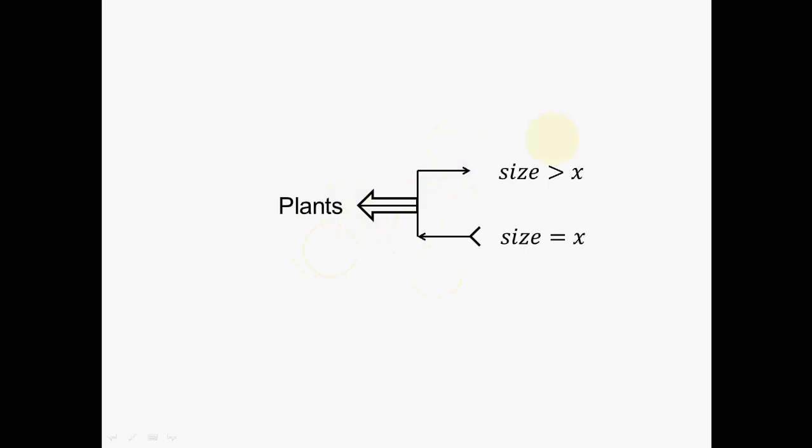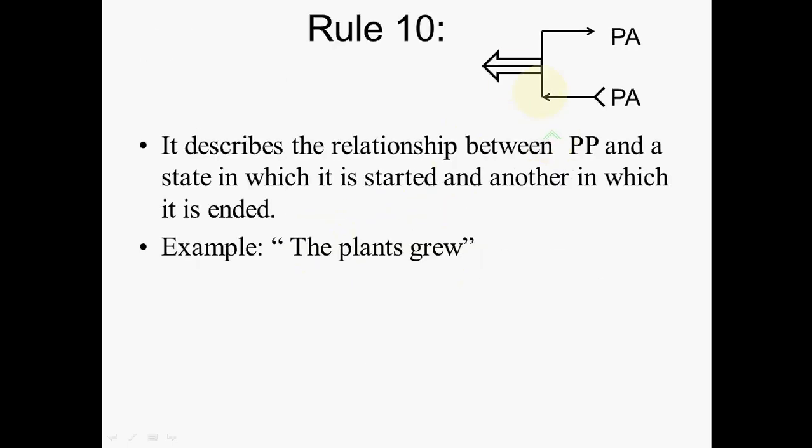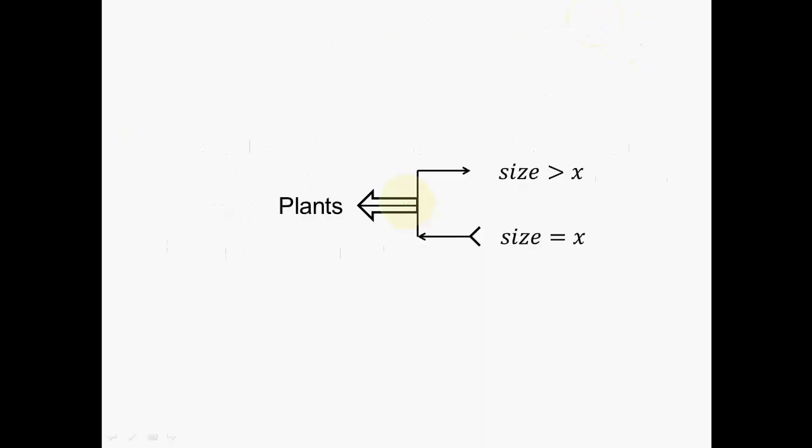This is done using rule number 10. PA is the state in which it started, the initial size of the plant, and this PA tells you the state in which it ended, the current size of the plant, right?